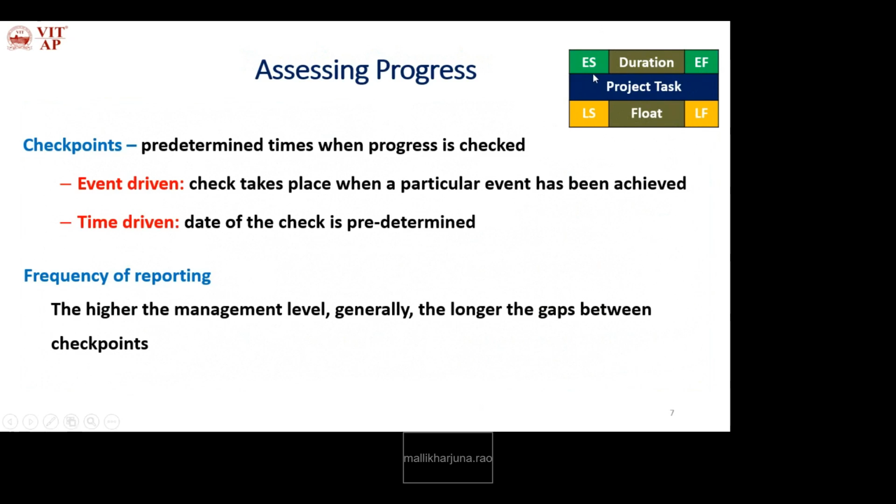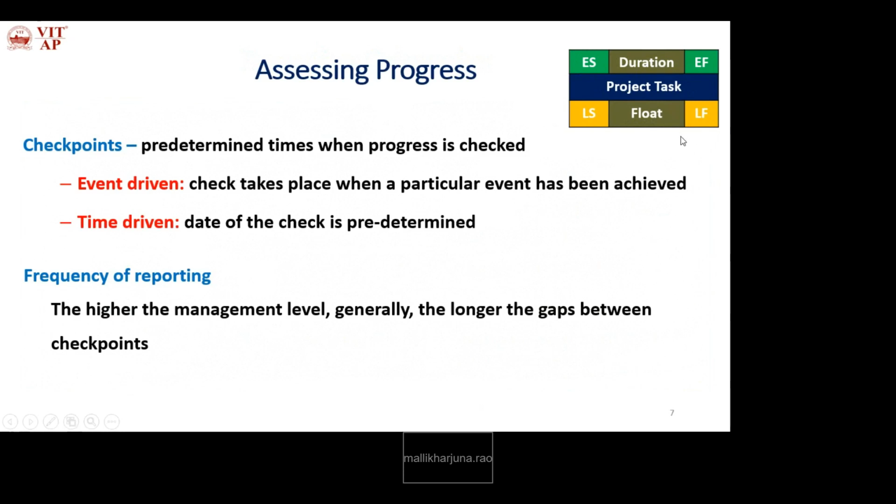So if the task is not started by this start time, what is the maximum waiting period? This is the waiting period that we can wait up to. So you have to start the task by this time, worst case. If it is started by this time, you need to finish it.